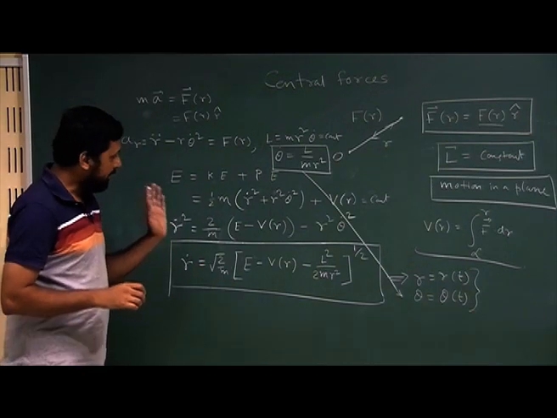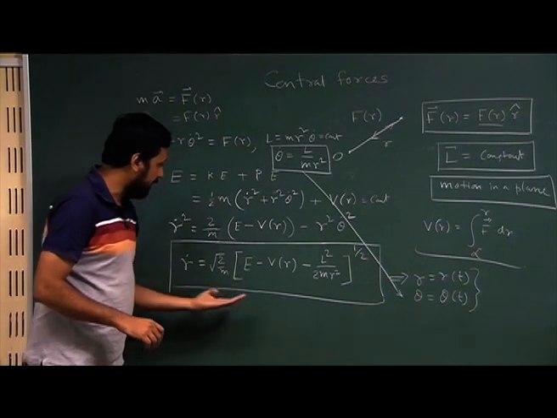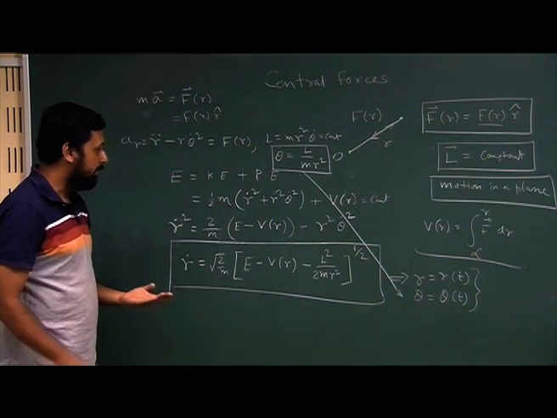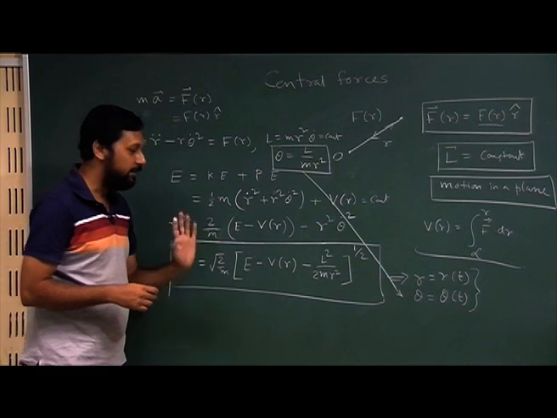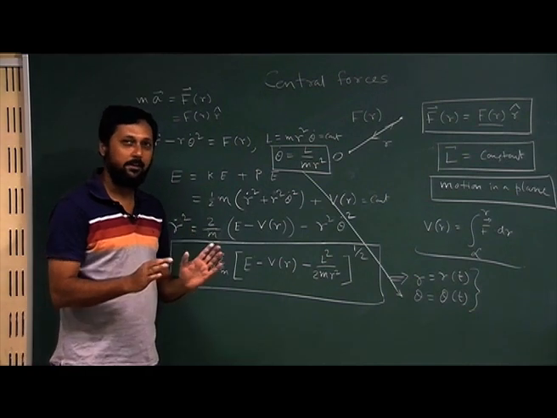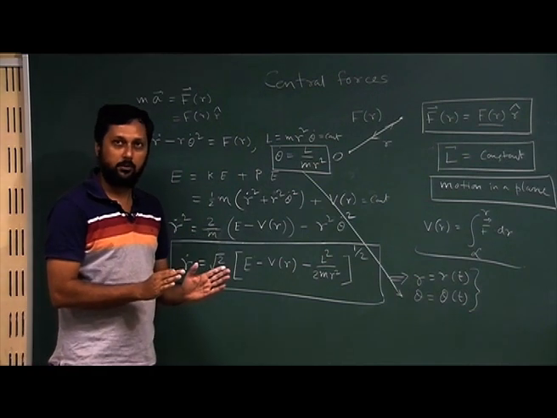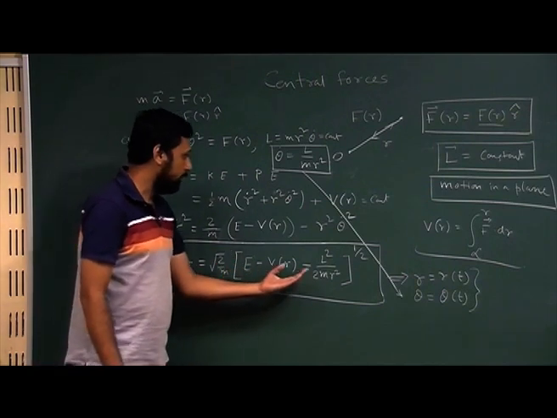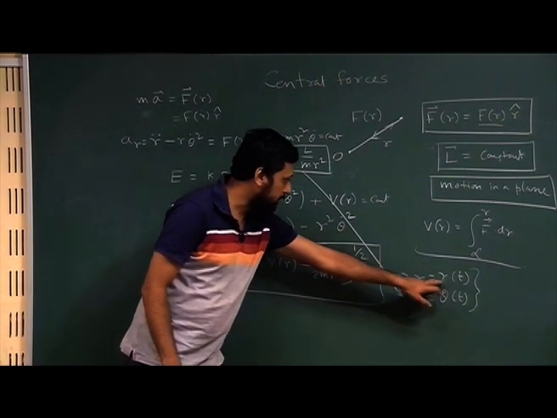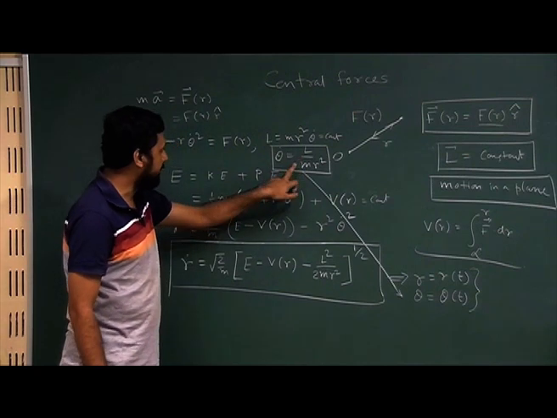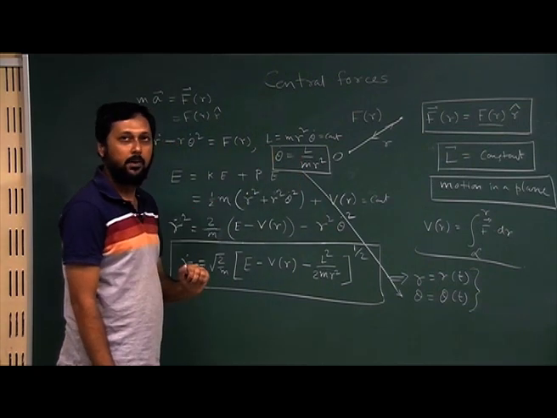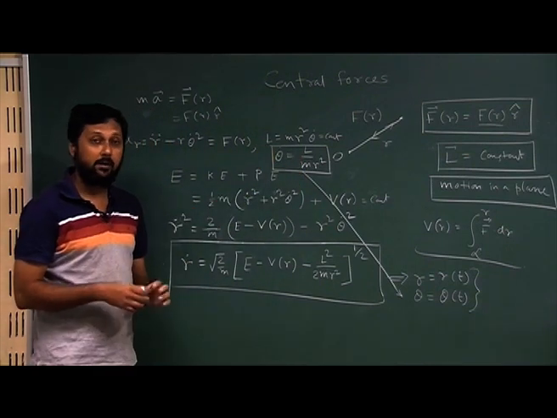But as you can guess by looking at this particular form, maybe under certain circumstances this integration is easy to solve, but in general it is a very complicated equation to solve, and then we have to get the functional form of r, plug it back in here, and solve for theta.